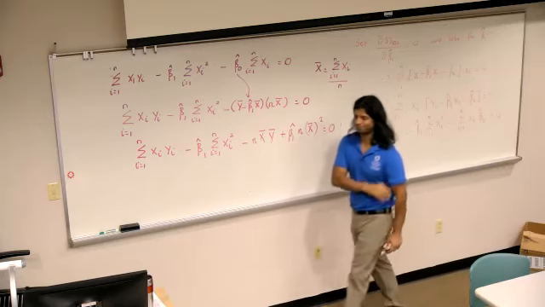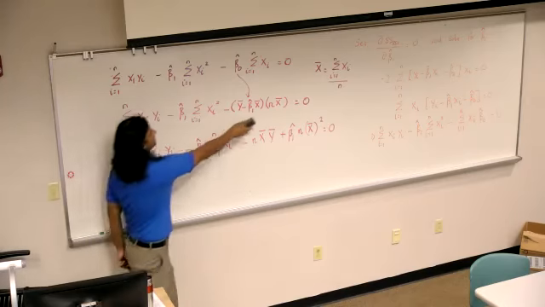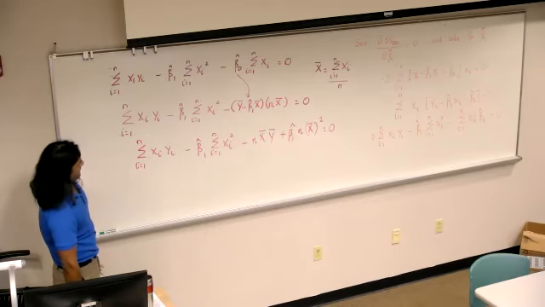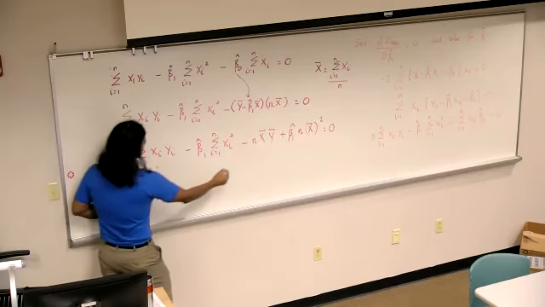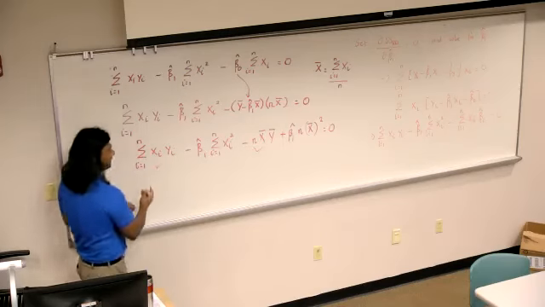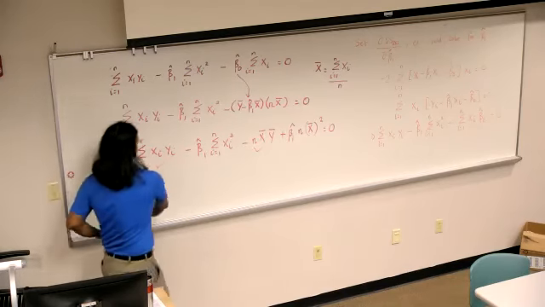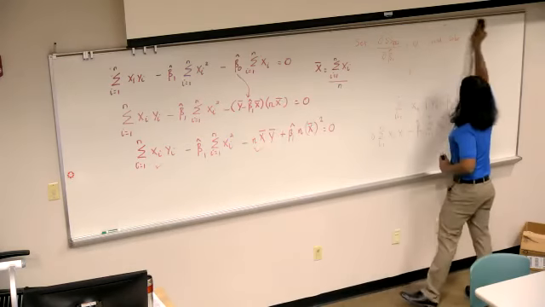Good. I just distributed that n x bar. I'm going to combine that term and that term, keep it on the left hand side, move everything else to the right hand side, because my ultimate goal is to solve for beta 1 hat.